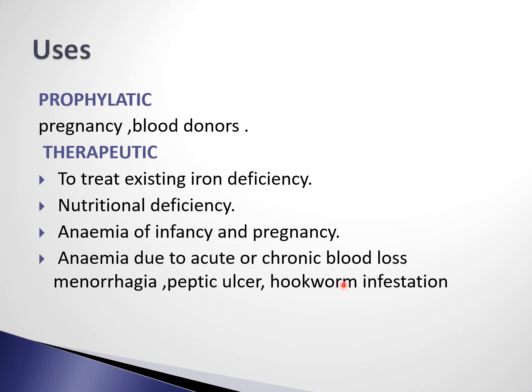In that case, you have to treat the hookworm infestation as well as give iron supplements. Just by giving iron supplements you will not improve the condition of the patient, because the main culprit is the hookworm infestation. So you have to treat even the hookworm infestation along with iron therapy.